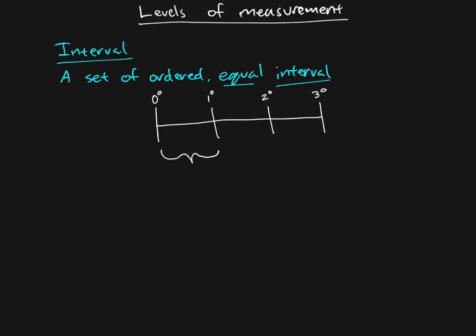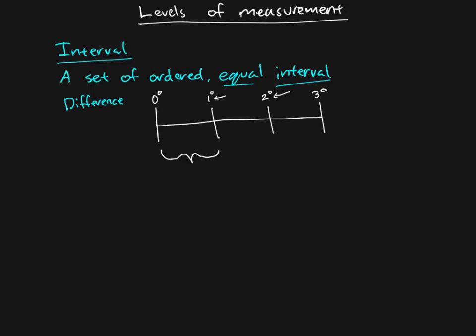And the important thing here is we have information here that we didn't have in an ordinal scale. So first of all, we have all of the information from an ordinal scale. For example, if we are comparing 1 degree to 2 degrees, we know that there is a difference. So we can tell that there is a numerical or quantitative difference. We know that, just like we did with an ordinal scale.